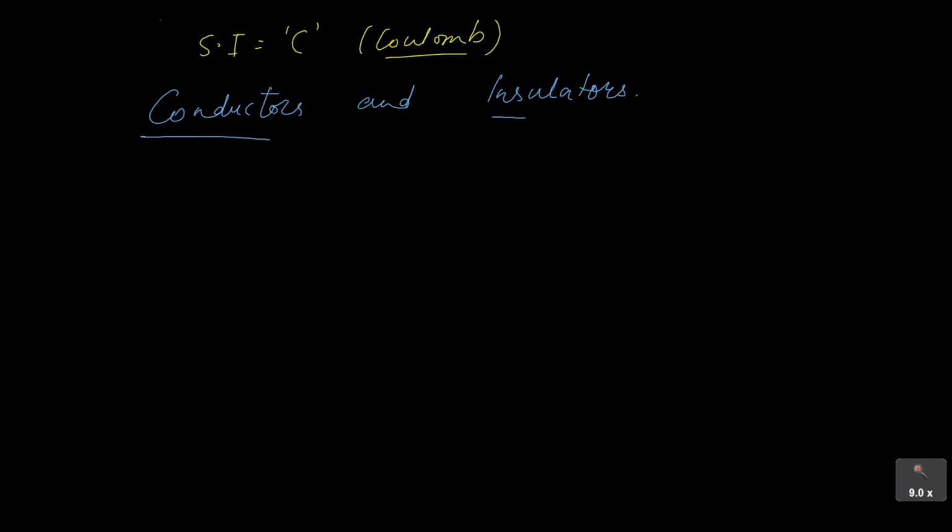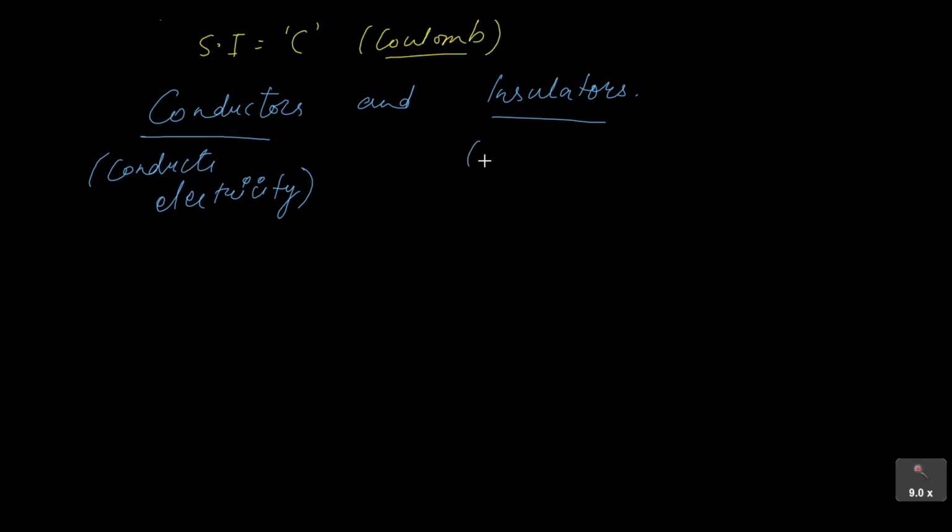You know that everything in nature is made up of atoms, so if all things are made up of atoms, why are some conductors? Conductors are materials which conduct electricity, like copper wires and iron.